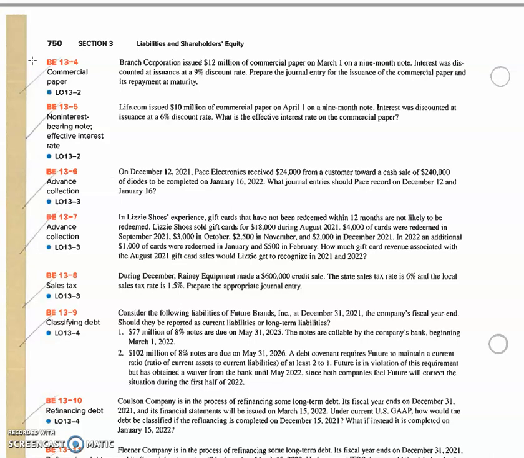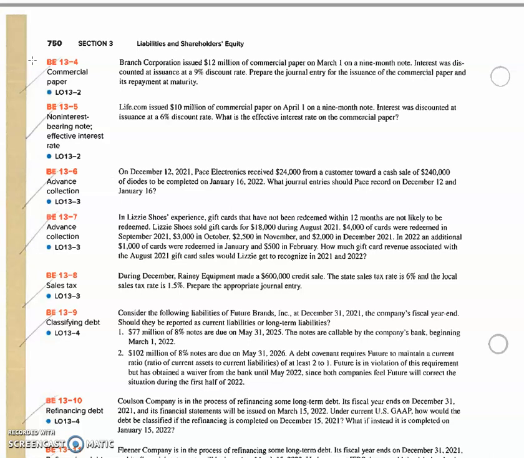So on March 1st, the commercial paper was sold. It's a 9-month note. So 9 months later, March is the 3rd month, so 9 months later would be the 12th month, or December 1st, or really November 30th would most likely be when the maturity would occur.